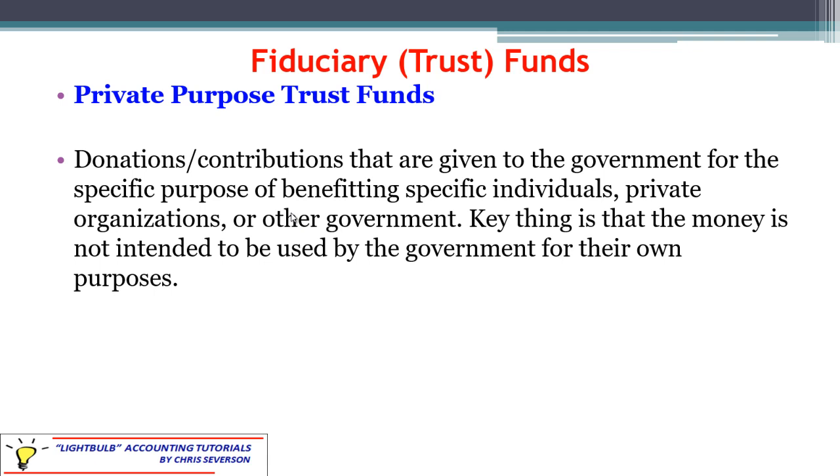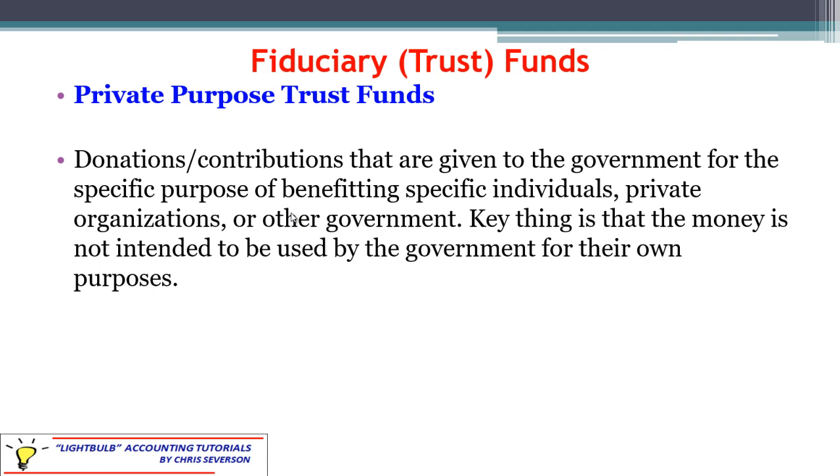Private purpose trust funds, these are somewhat unusual, not all that common. But this is where we have possibly individuals, maybe private organizations, or possibly other governments donating money or contributing money to this government for the specific purposes of benefiting certain individuals, certain groups, certain other governments.